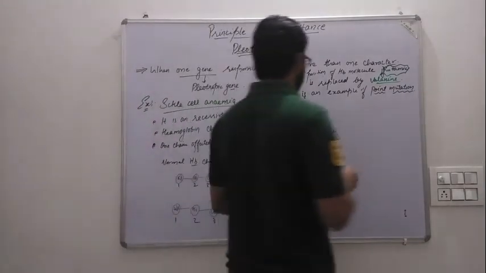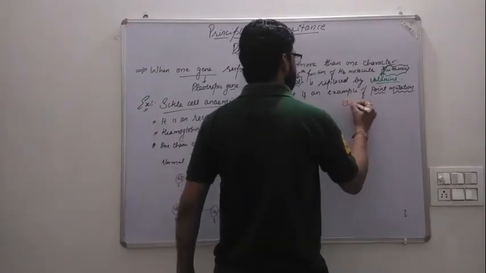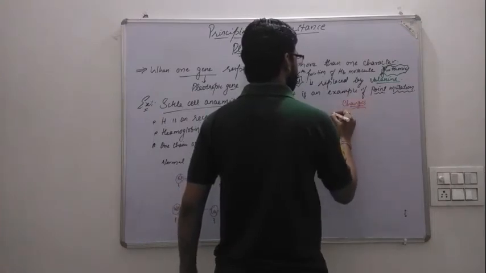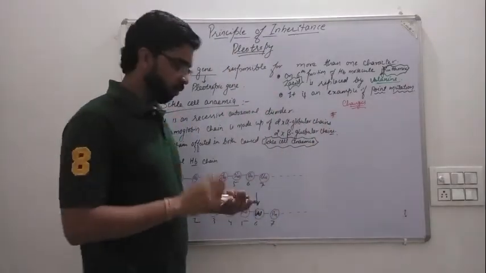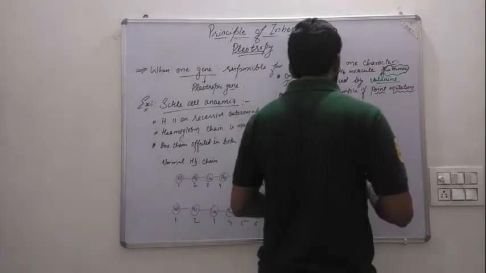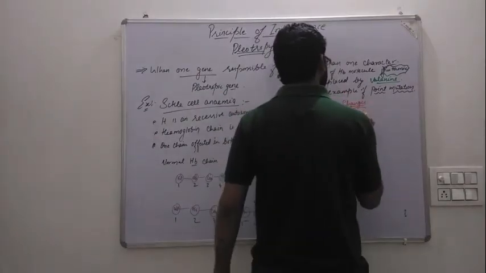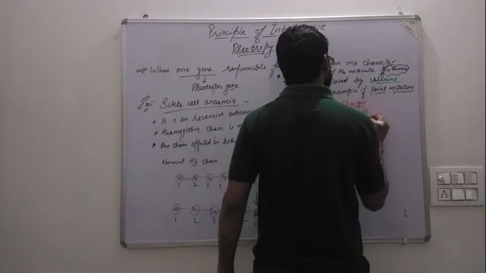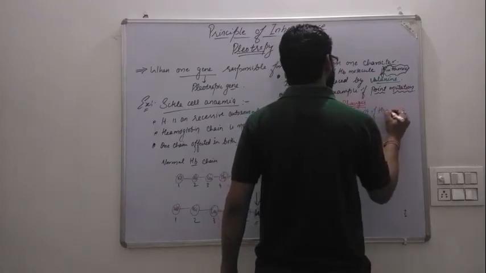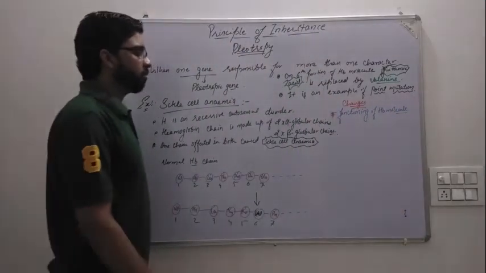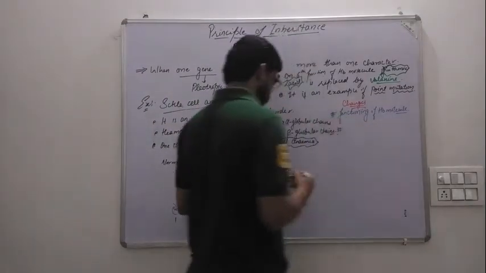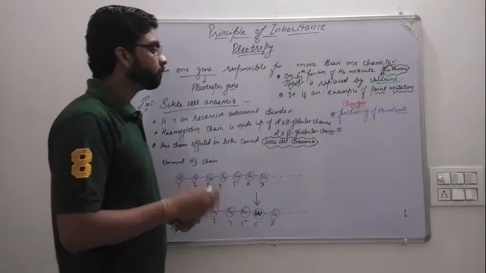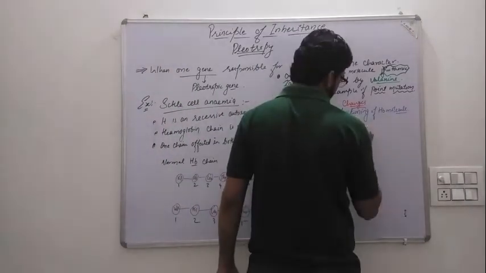We have to write the changes here. First change: functioning of the hemoglobin molecule. Second change: change in the shape of RBC.